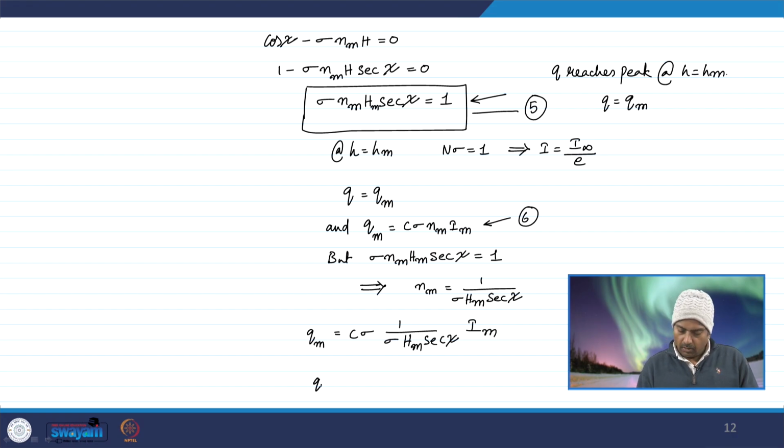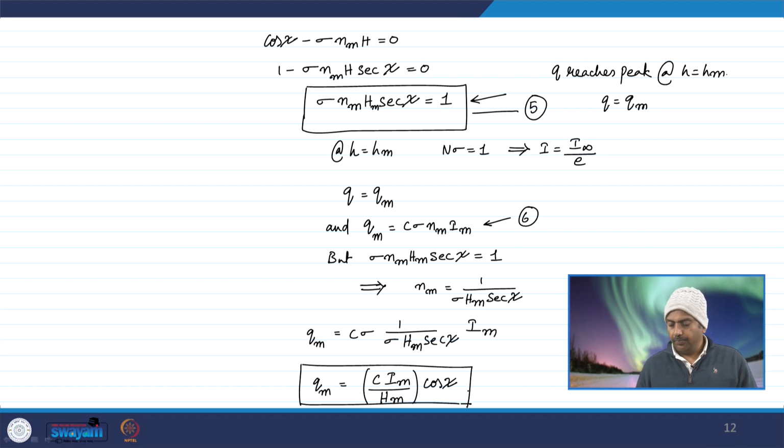Okay. So, Qm is equal to, sigma gets cancelled, C Im divided by Hm times cos chi. 1 by secant chi is cos chi.